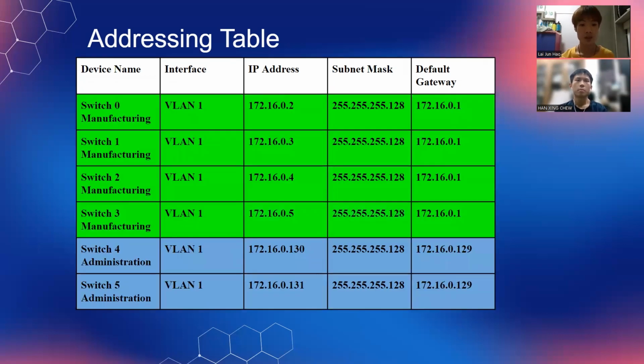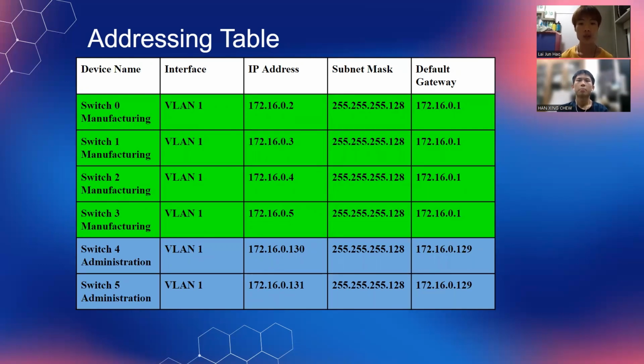Next slide. For the first devices, switch 0 to switch 3, we use the same interface, VLAN 1, and the IP addresses are 172.16.0.2 to 5. The subnet mask is the same, 255.255.255.128.